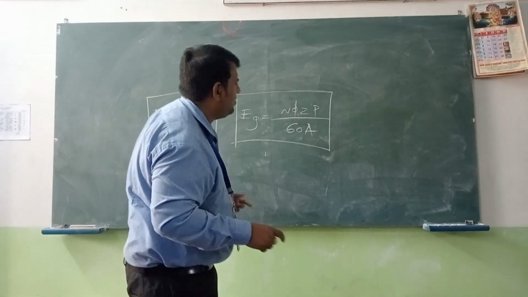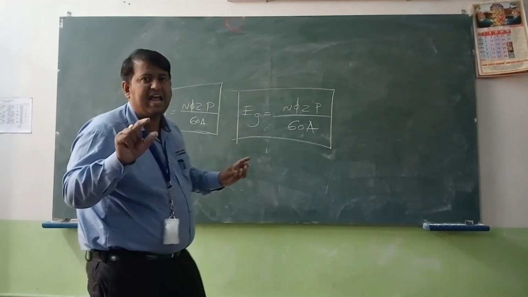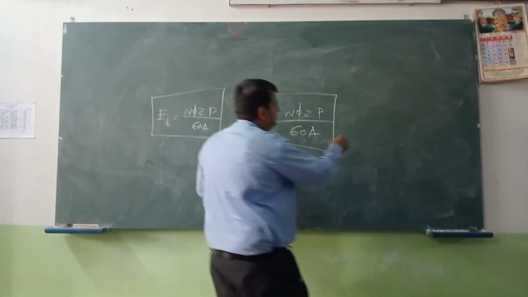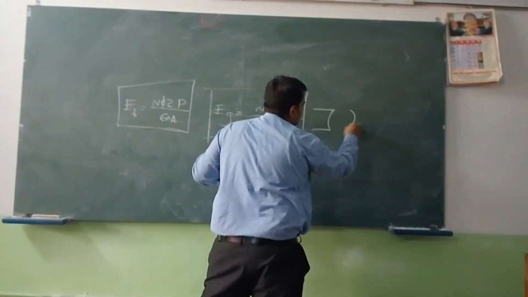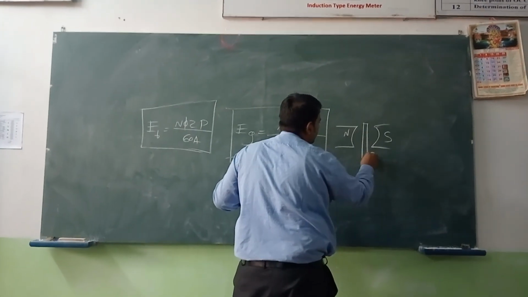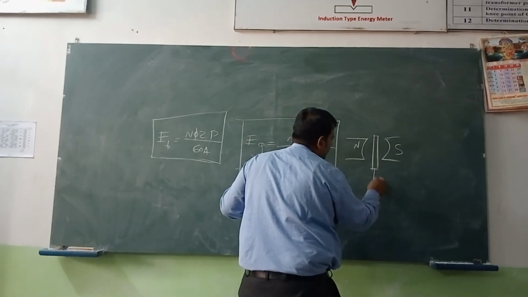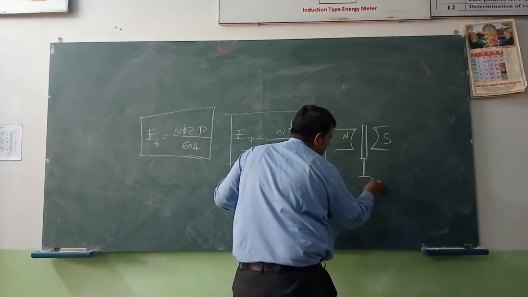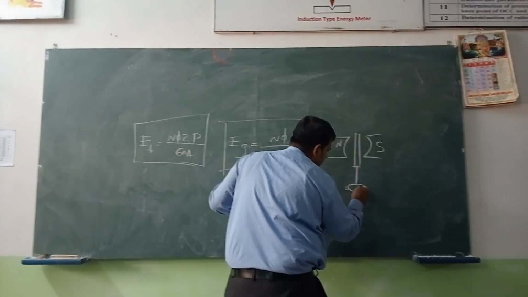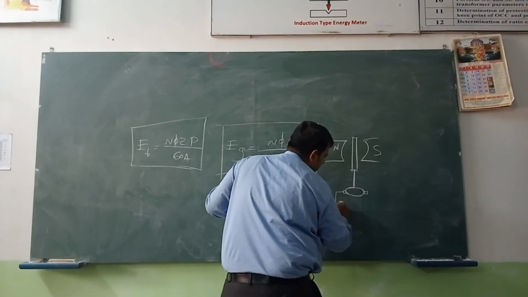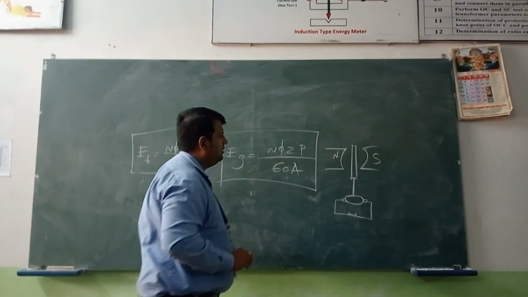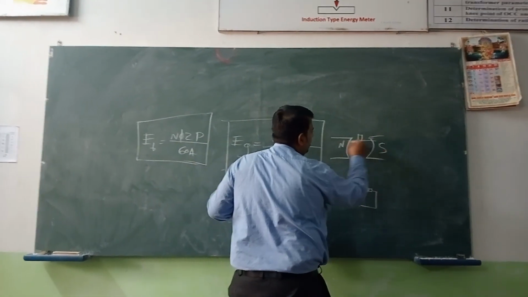The important part is the commutator. What is the function of the commutator? It acts like a rectifier. Here you see, this is the north pole, this is the south pole, and here the armature conductor is there. Here I am showing the diagram. These are the brushes and this is the load. Always magnetic lines of force go from north pole to south pole.